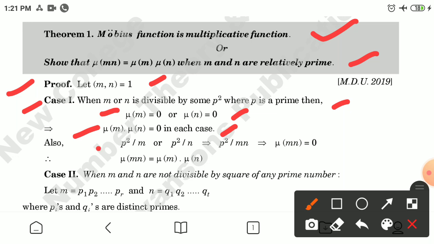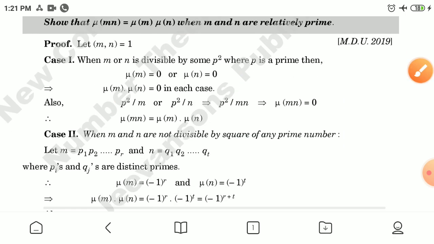Also, p square divides m or p square divides n. This implies that p square divides their product mn. This implies that the Mobius function value of mn is equal to 0. Therefore, the value is the same in both cases.